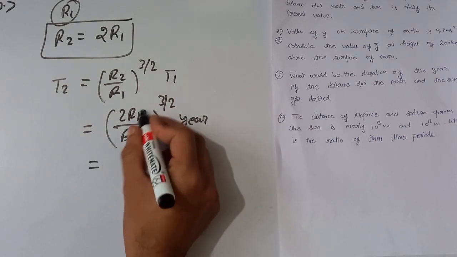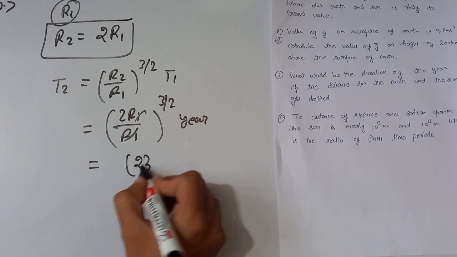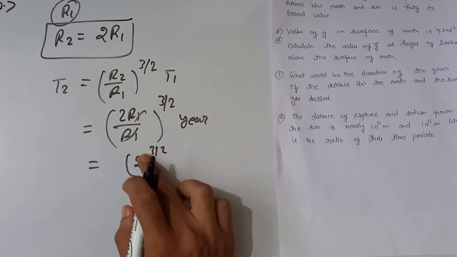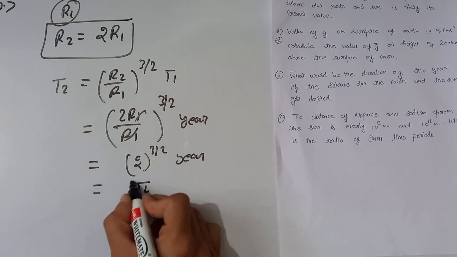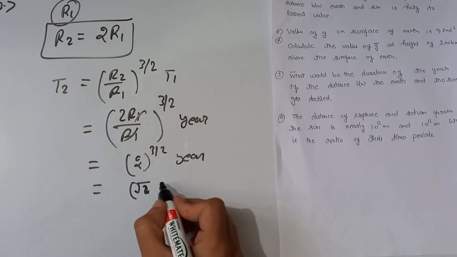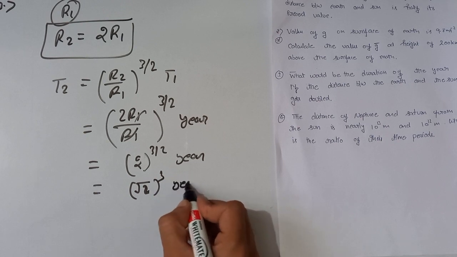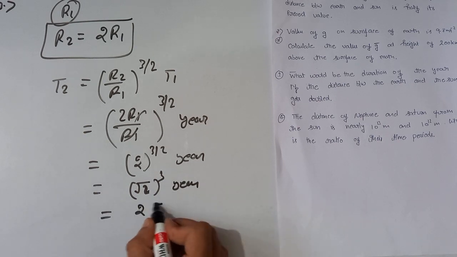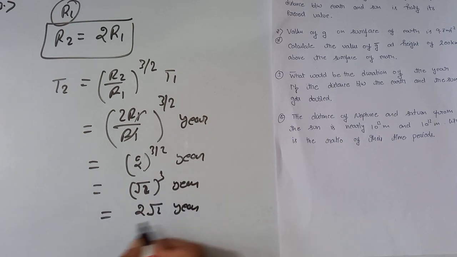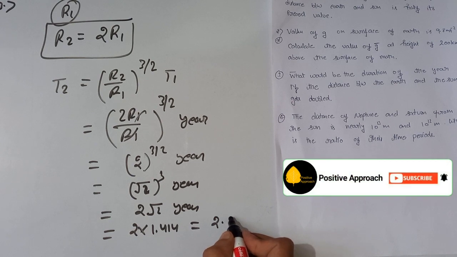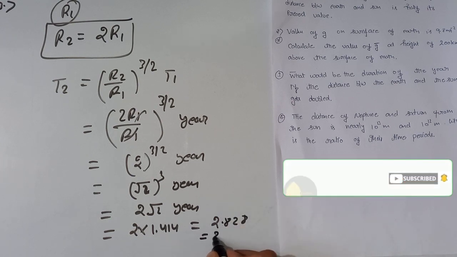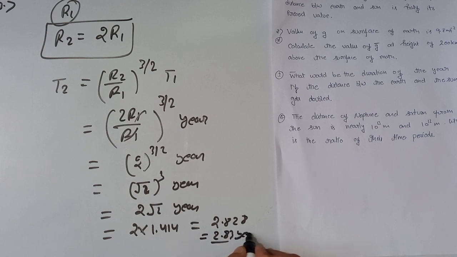The r1 cancel each other, so 2 raised to the power 3 by 2 years, which is equal to √(2 cubed) years, which is equal to 2√2 years, which is 2 into 1.414, which is equal to 2.83 years.